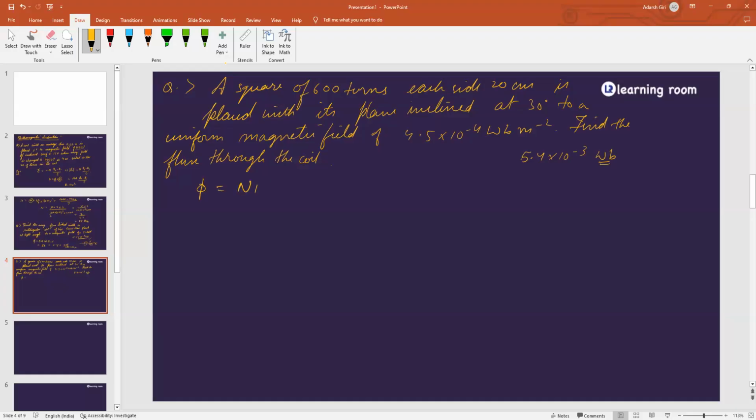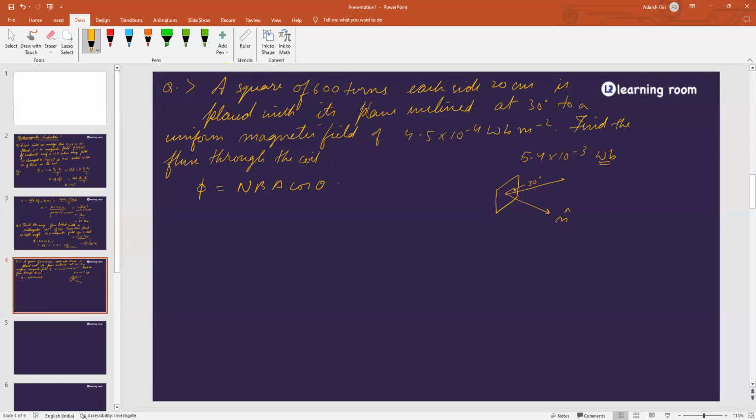So here we have to find the flux. Flux is nothing but NBA cos of theta. The thing is that here we have been given a square loop and the field is passing at an angle, but that angle is given with the area, that is 30 degrees. But we need to find the angle with the area vector. Area vector is perpendicular to the area.